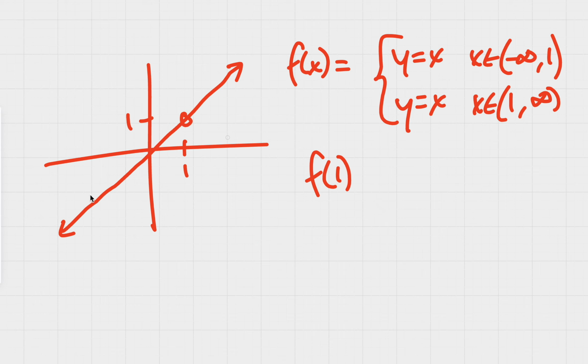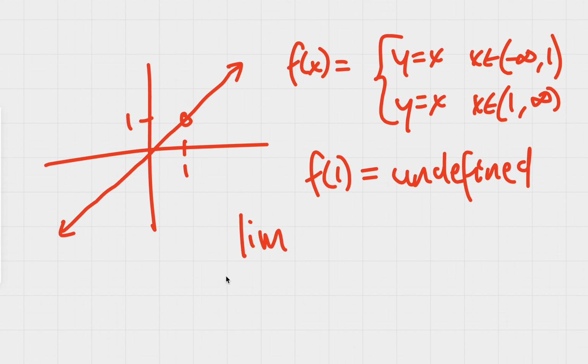If f of 1 is undefined, then how can we tell someone that this point would actually be 1 if it were to somehow exist? Well, we can write it as limit x approaching 1. So if you did limit x approaching 1 of f of x, you would get 1.